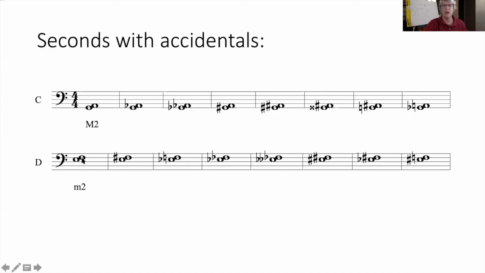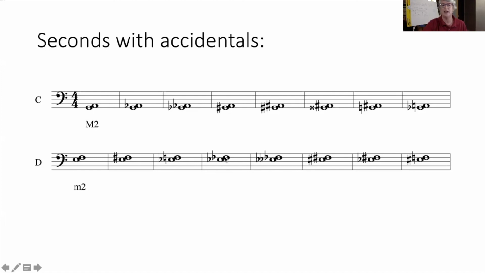E to F is a minor second apart, and that means that when we make it a half step bigger by either sharping the F or flatting the E, we now have major seconds. So the first two examples here are major seconds. If we put a flat in front of both notes, it doesn't change the size of the interval.